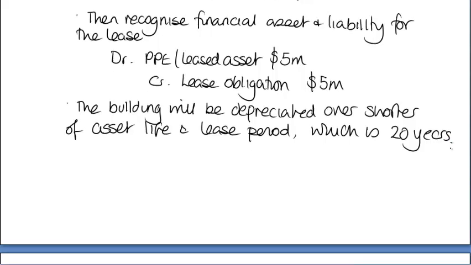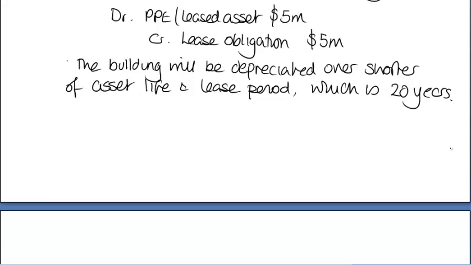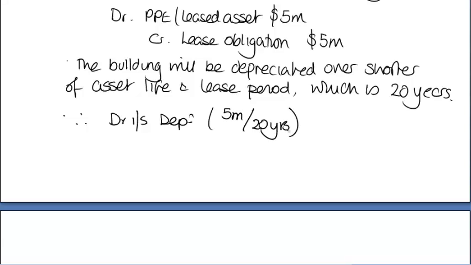When did we take out the lease? We took out the lease on the 1st of June X2. So therefore, debit the income statement with a depreciation expense of 5 million over 20 years, which is 250,000, and credit PPE 250,000.